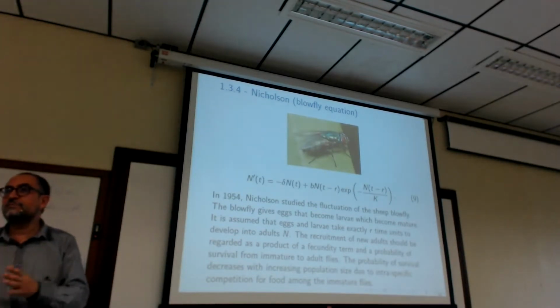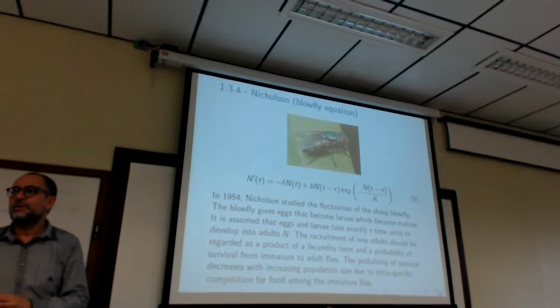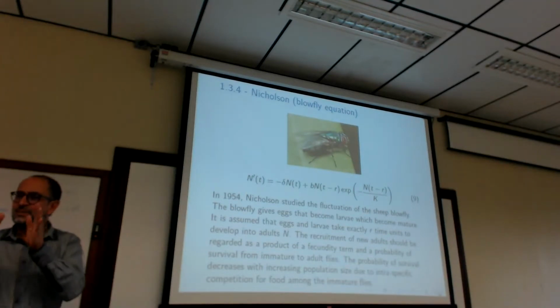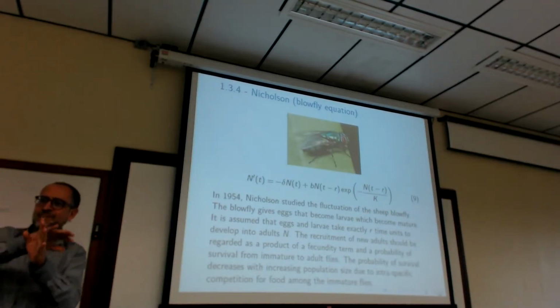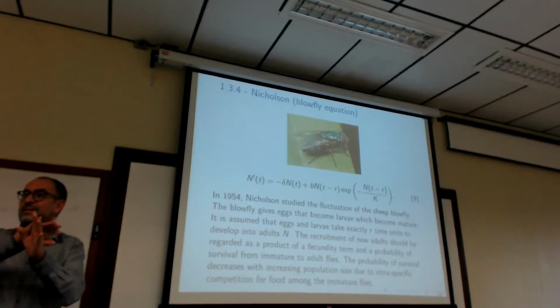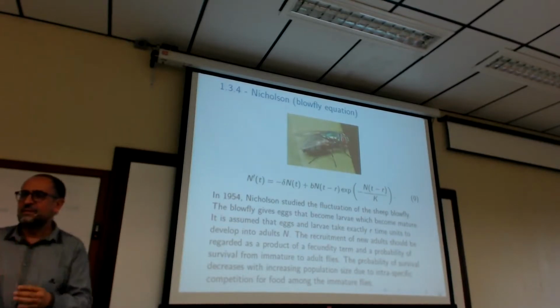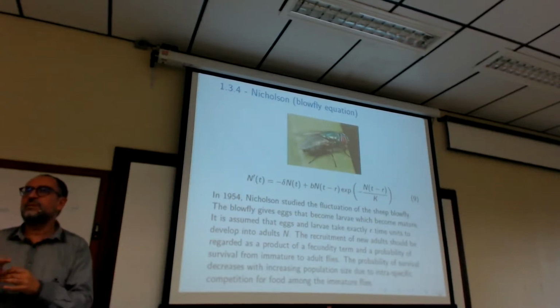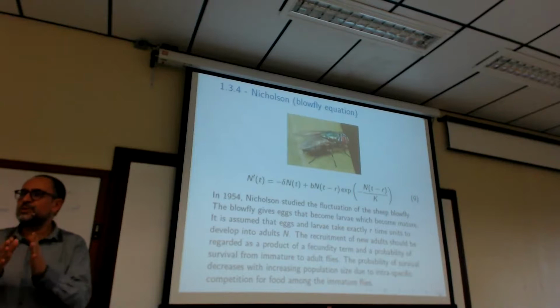For example, for humans, we know that the gestation period is 9 months. Sometimes it's not exactly 9 months, it can be maybe between, but in that case we can say it's a good approximation to take 9.